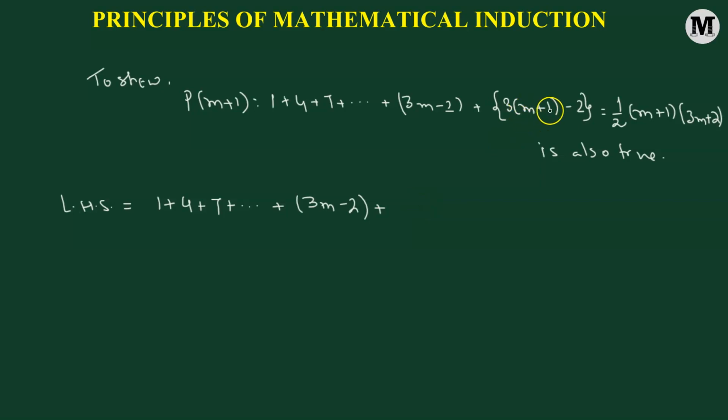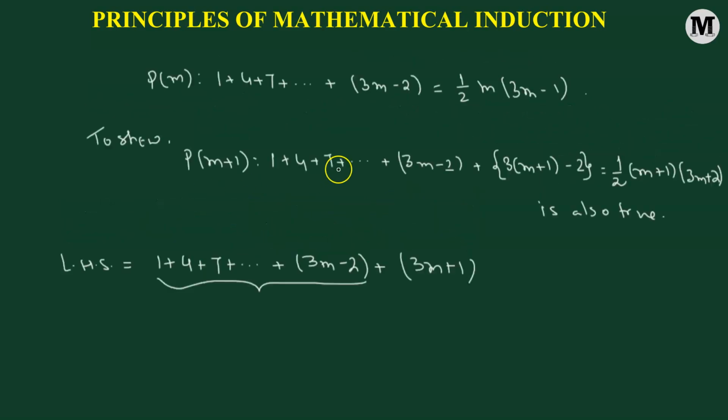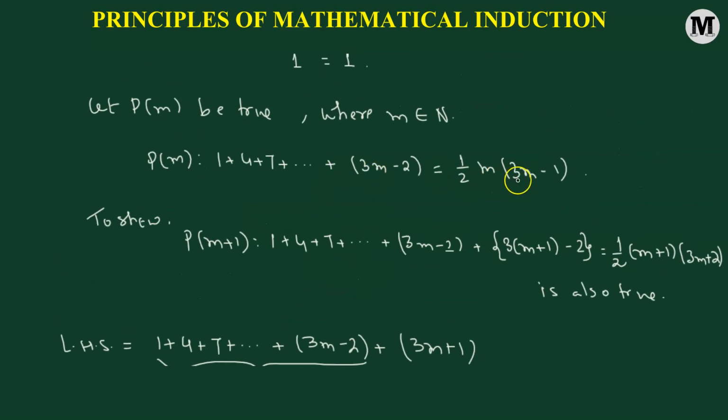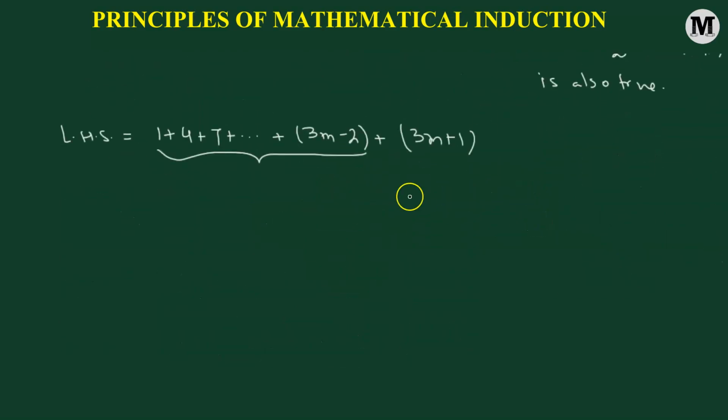So we have 3 times m plus 1 minus 2, which gives us 3m plus 1. Now if we consider the sum of all these terms up to 3m minus 2, this is already a true statement. This equals half m times 3m minus 1. So we can replace it with half multiplied by m times 3m minus 1, and to it we are adding 3m plus 1.